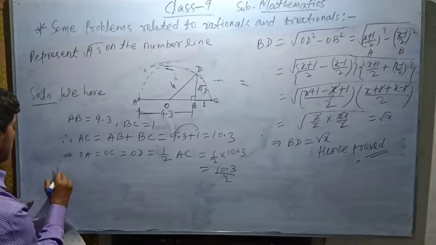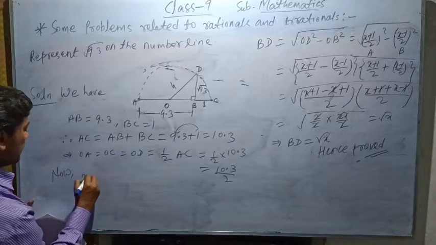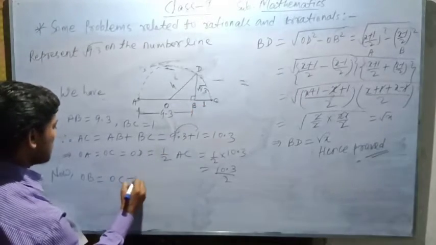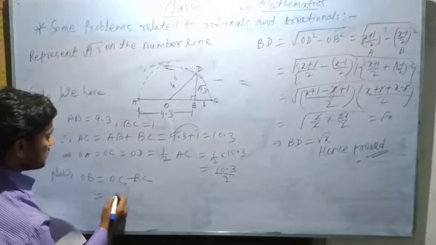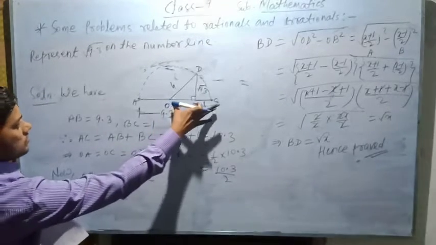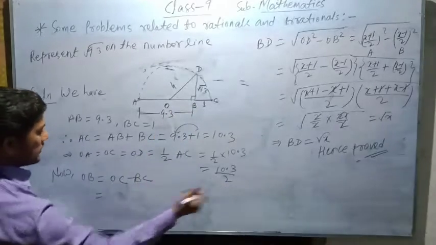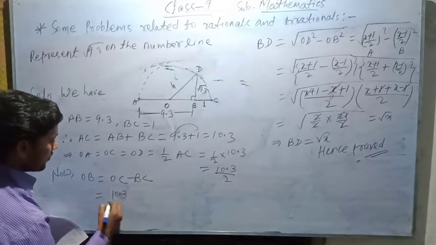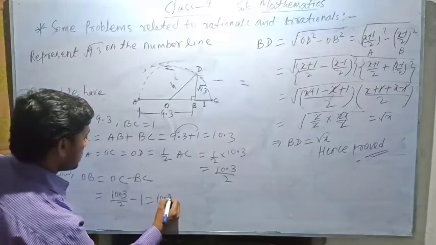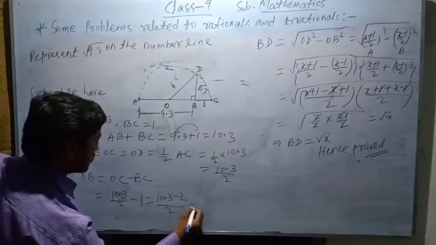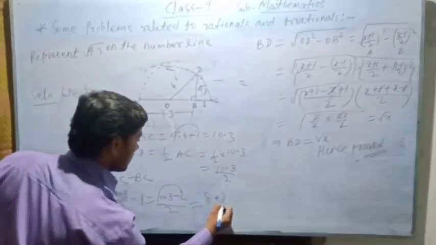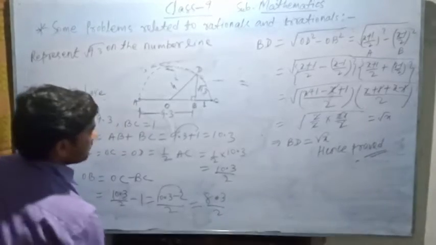Now we need to find OB. OB is equal to OC minus BC, which is 10.3 upon 2 minus 1, 10.3 minus 2 upon 2, which is 8.3 upon 2.